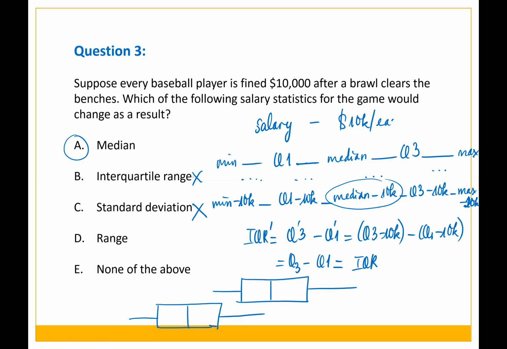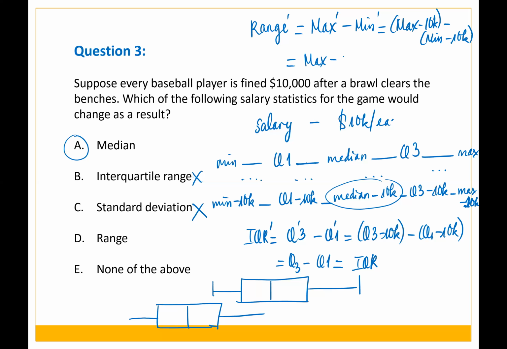Then you have the range. The range is from here to there. So the range is going to be maximum minus minimum. Let's find the new range. The new range is going to be new max minus new min, which is going to be max minus 10K minus min minus 10K as well, which is going to just give us max minus min, the original range.